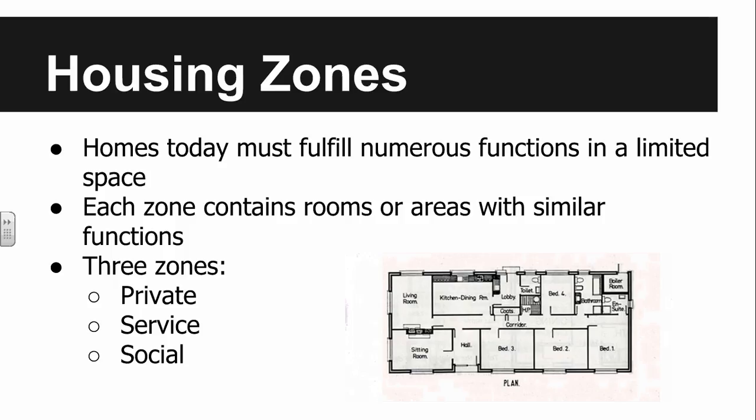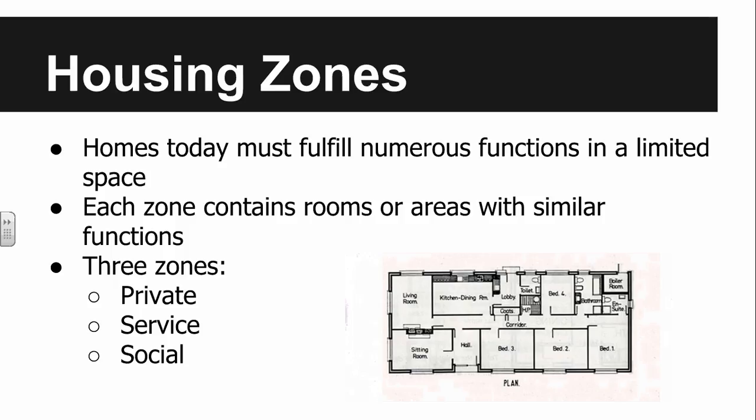Homes and floor plans are designed into what's called housing zones. The reason we have zones is because homes today fulfill so many different functions in a very limited space. Each zone contains rooms or areas that have very similar functions. We categorize these zones into 3 different areas.